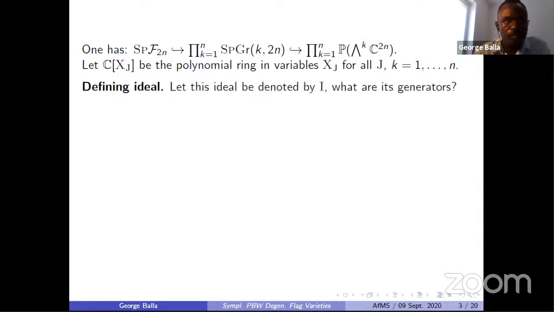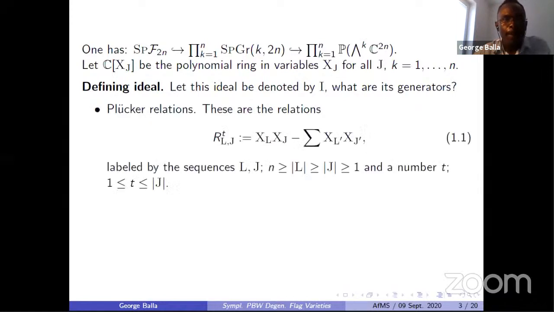So a good question to ask, if you want to do some computations on this variety, is what is the defining ideal with respect to this embedding? And if we denote it by I, the first guess would be from type A, because we know in type A, there are already relations called the Plücker relations, which generate the defining ideal.